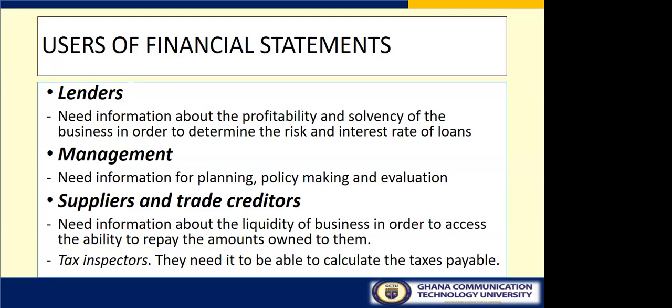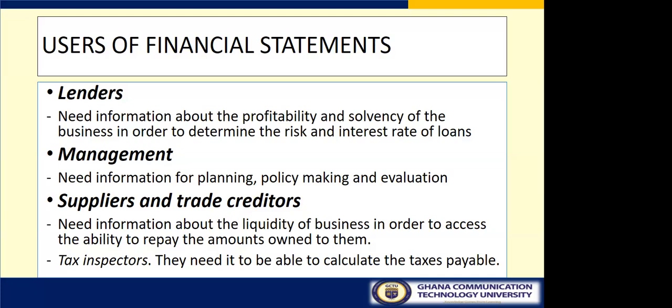So lenders look at solvency, the ability to pay back. This is the information they need about the company, and you get it from the financial statements. For this company, they pay quickly, they pay on time. So these are the main differences.